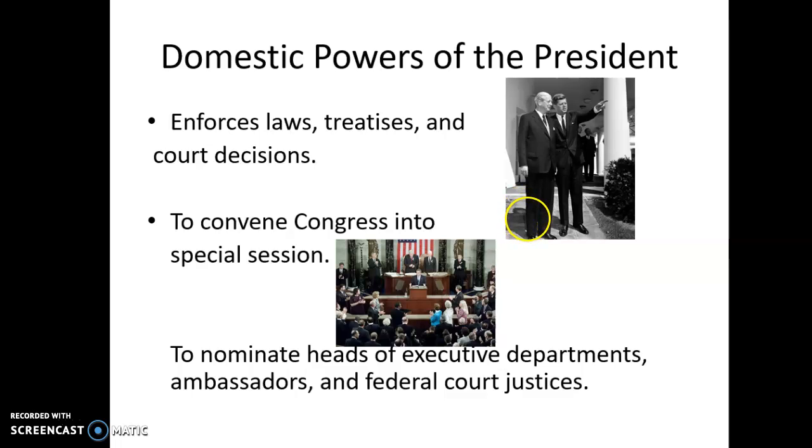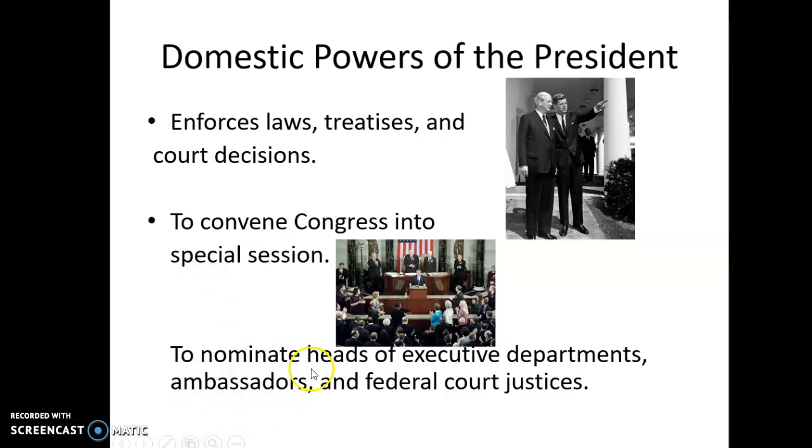Domestic powers of the president. The president enforces law, treaties, and court decisions. In other words, again, the president enforces the law. Powers of the president to convene Congress into special session. So, for example, when we had the bombing of Pearl Harbor, Roosevelt convened Congress for a special session to request a declaration of war against the Japanese.